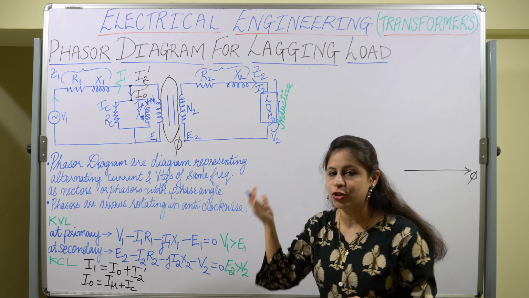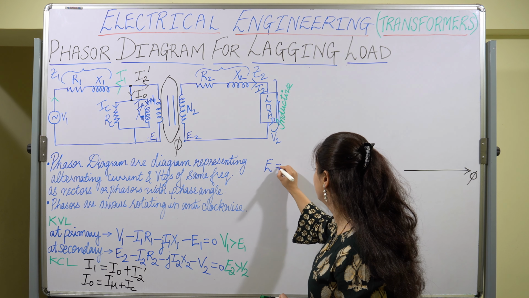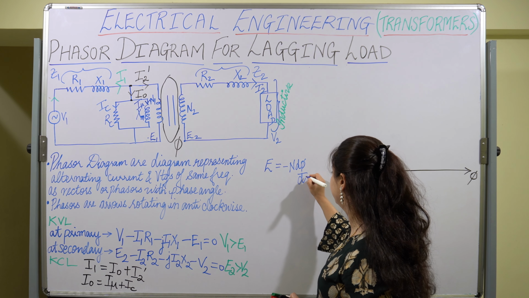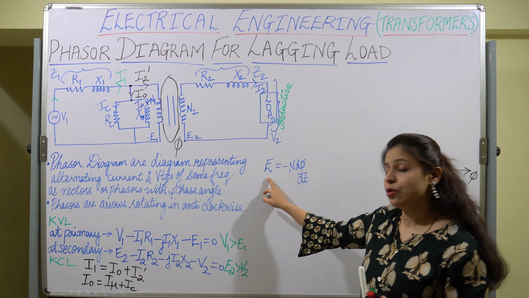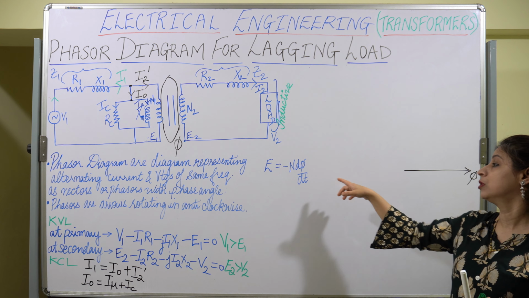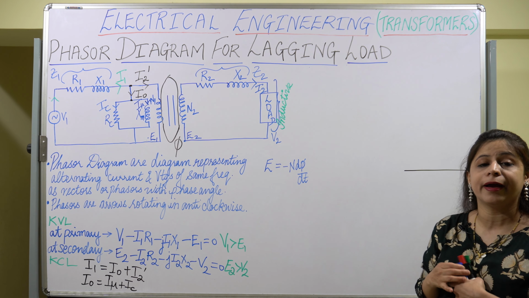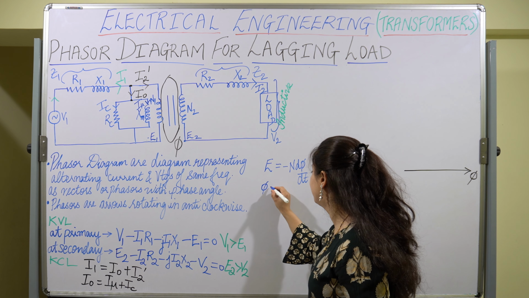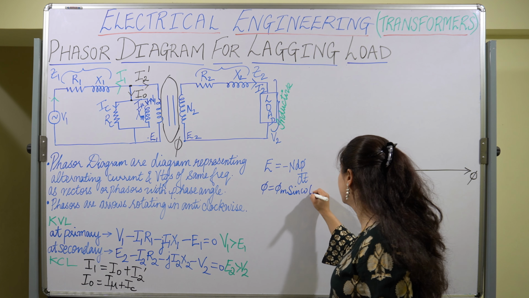The induced EMF is equal to minus N d phi by dt. So the induced EMF depends upon the number of turns and upon the differentiation of the flux, and the flux is given by phi equals phi m sine omega t.